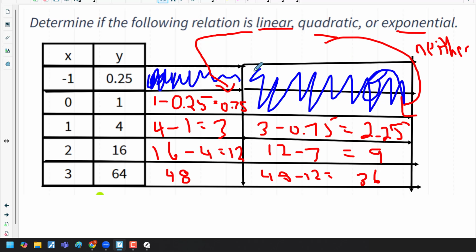Because it's very possible to have a function that's not linear, that's not quadratic, that's not exponential. It's actually more likely because, yeah. Anyways, exponential. How do we figure out exponential? Easy. Instead of subtracting the values, what you do is you take the values, your y values here, and you divide.